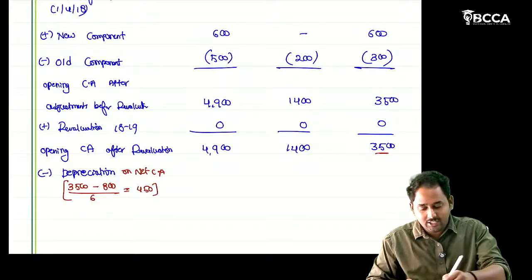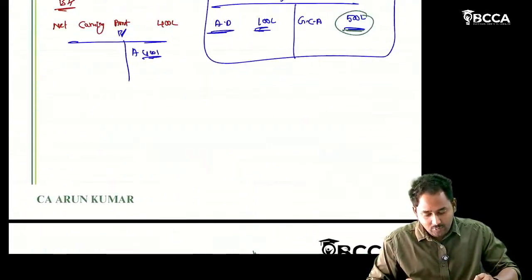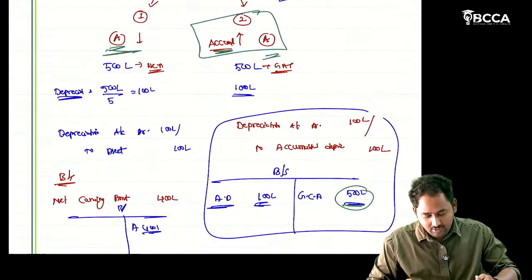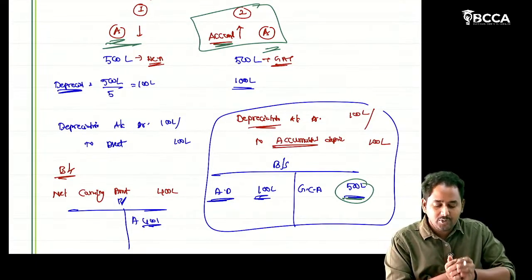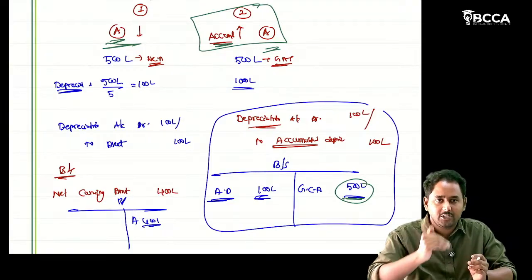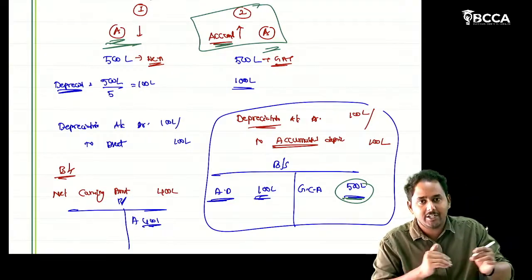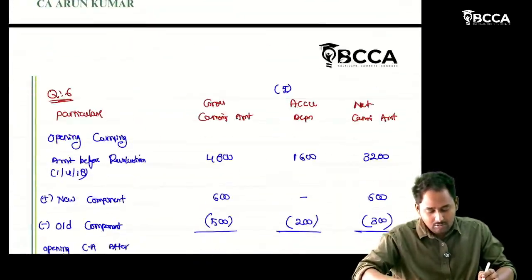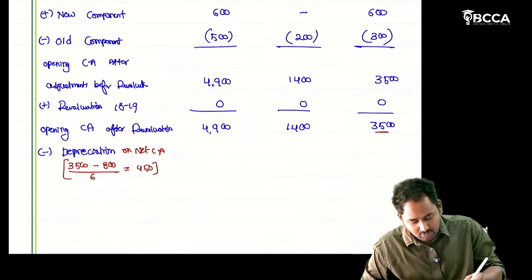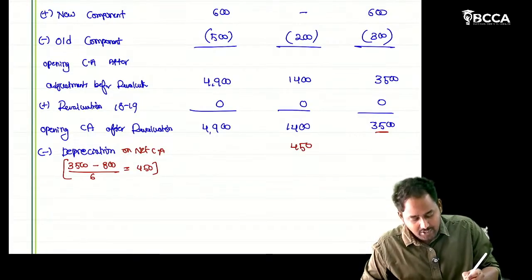What is the journal entry? Depreciation account debit to accumulated depreciation. It means accumulated depreciation should be increased. So depreciation 450 should be added to accumulated depreciation.